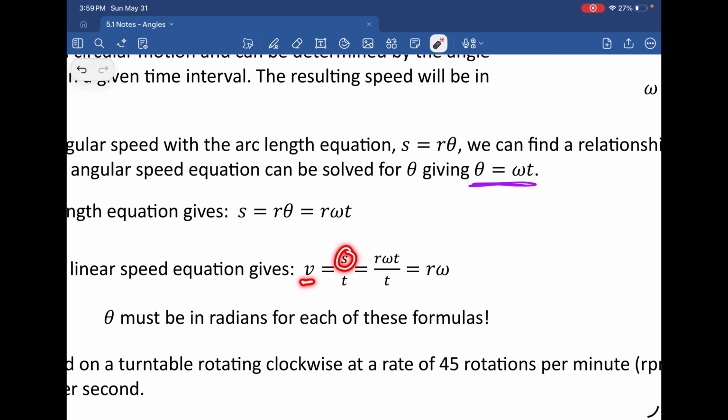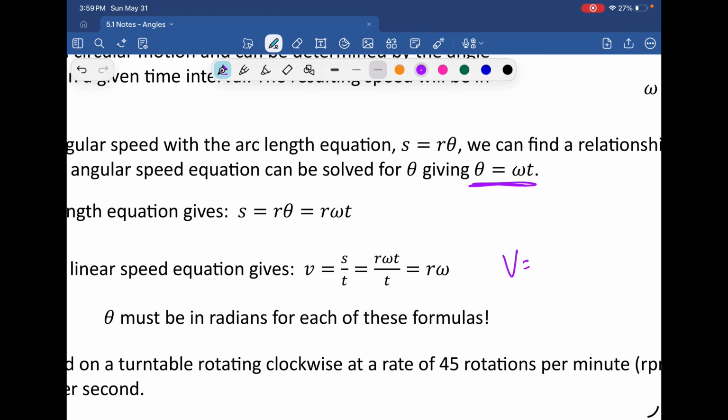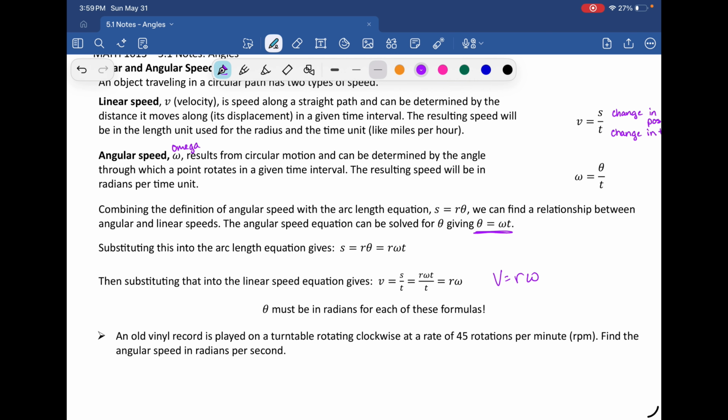Velocity is change in position, so arc length over time. So arc length is radius times omega times time, over t. T's cancel. Velocity equals radius times omega. Theta must be in radians.